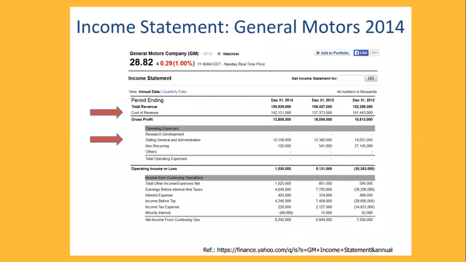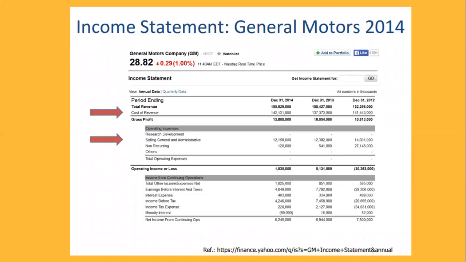So if we look at an income statement, this is an income statement on this slide of General Motors in 2014. We see some key data over here. We see the total revenue, that is the incoming revenue. Then we see the cost of revenue, also known as the cost of goods sold. If you take the total revenue minus the cost of goods sold, you see the gross profit. But after the gross profit, there are also some other operating expenses.